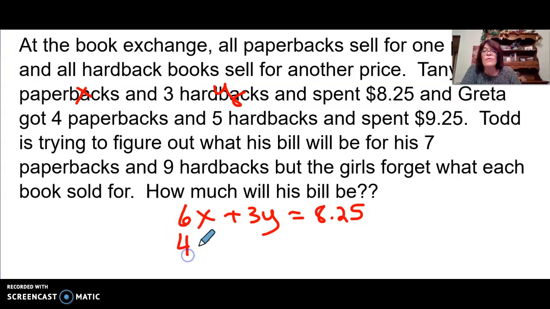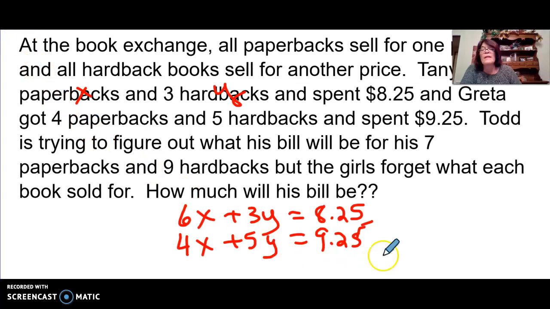Greta ended up getting 4 paperbacks and 5 hardbacks, and she spent $9.25. So all we have to do is solve this system, and we'll be able to tell you what a paperback book was and what a hardback book was. Okay, so go ahead and try that one.